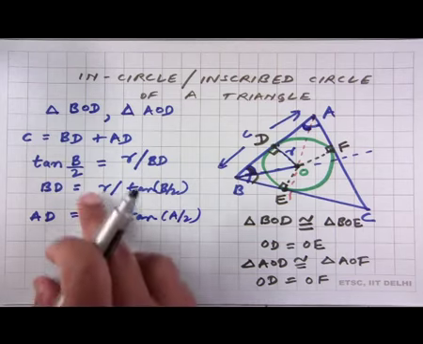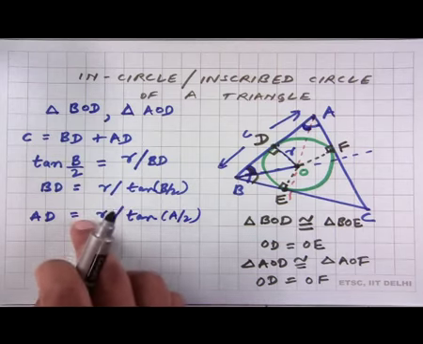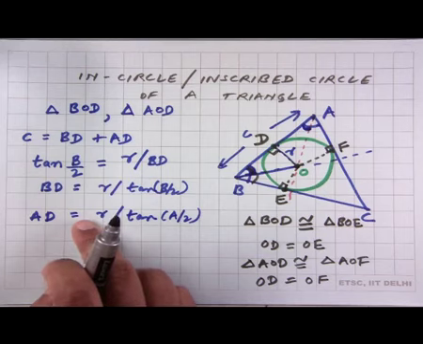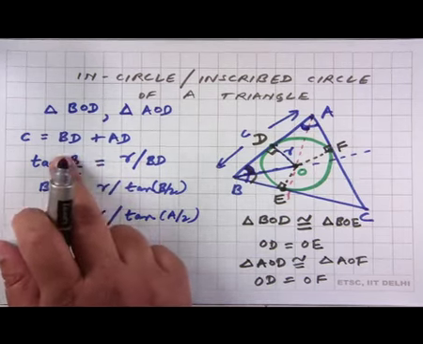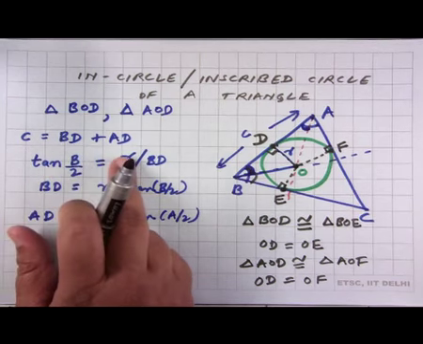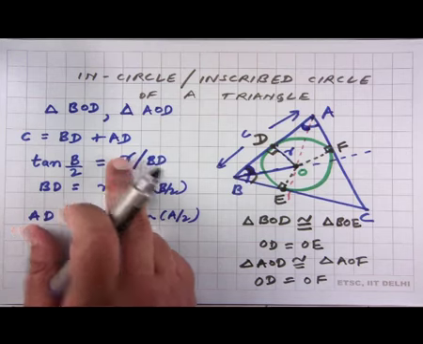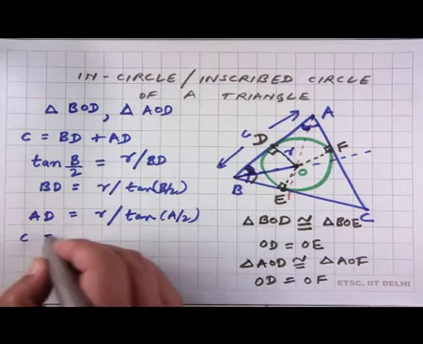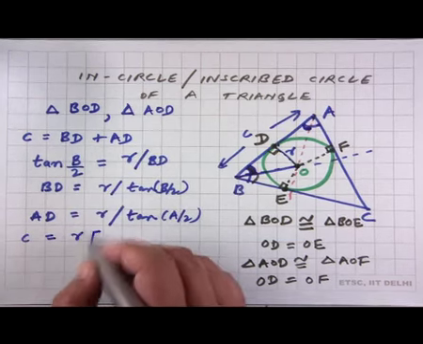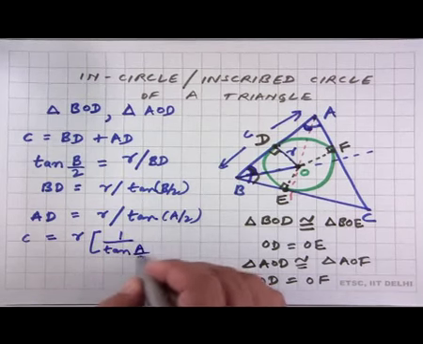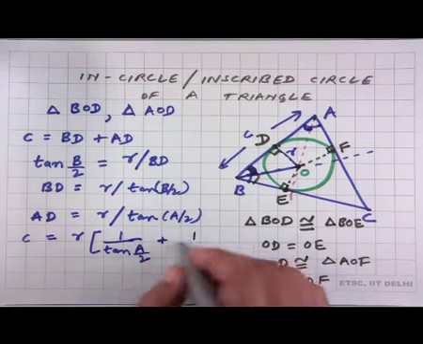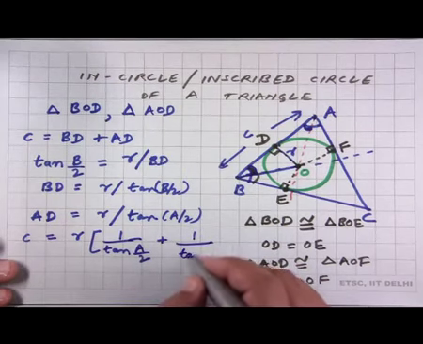And now, if we substitute these expressions for BD and AD into this equation, where c is equal to BD plus AD, then what we get is c equals r into 1 upon tan of A by 2 plus 1 upon tan of B by 2.